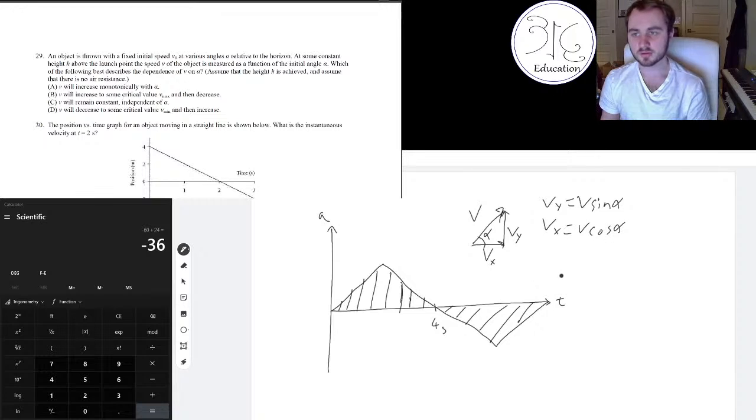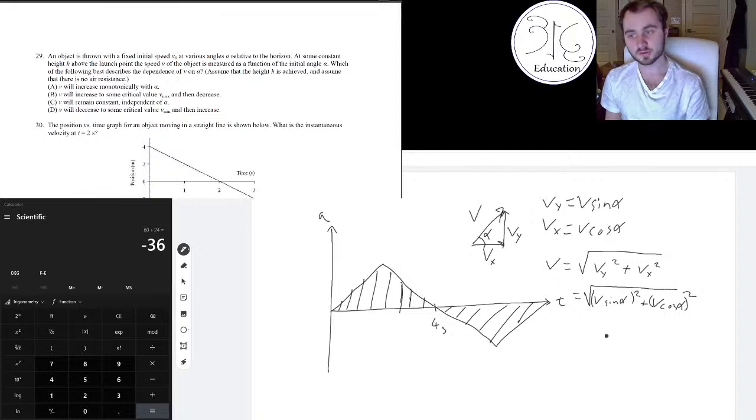But then when we go back to find our new v, that is equal to the magnitude of vy squared plus vx squared, which is going to be the square root of (v sine alpha) squared plus (v cosine alpha) squared.